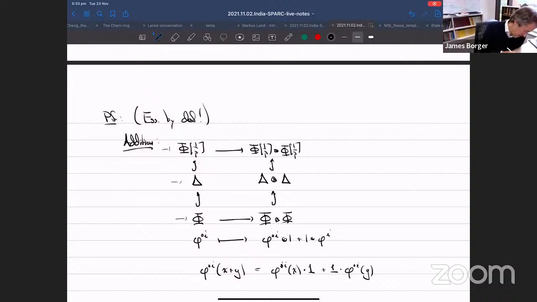So when I talked about Leibniz rules, I could have talked about them as co-operations like this. I didn't really emphasize that point of view, but that's something you can do.